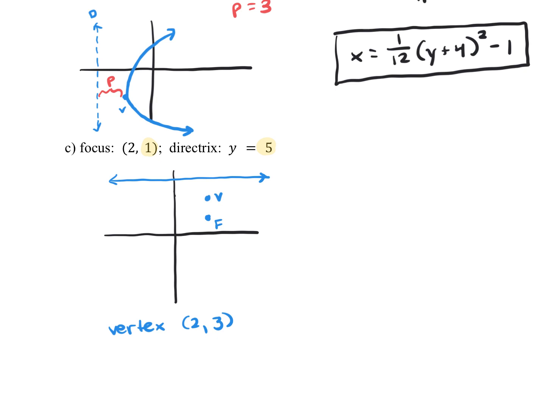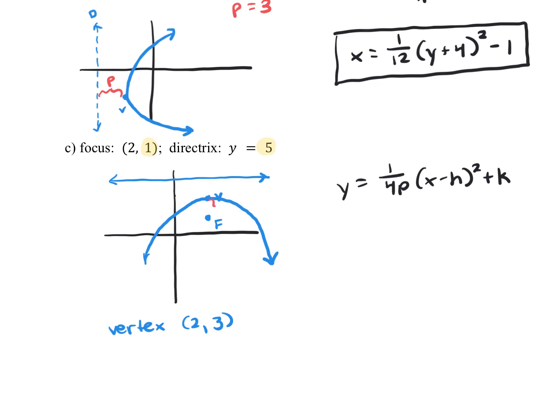Based on where my vertex and focus are, I know that this graph is going to open downwards, because remember, the focus is always within the parabola. Since it's opening downwards, here's my general form. And I know that my p-value is going to be negative.